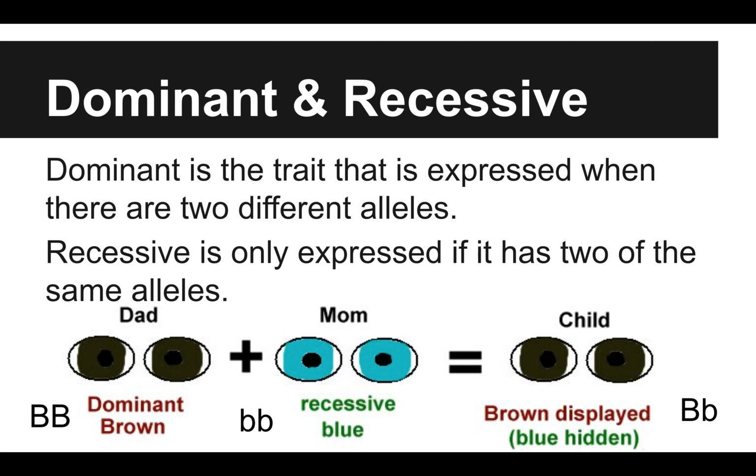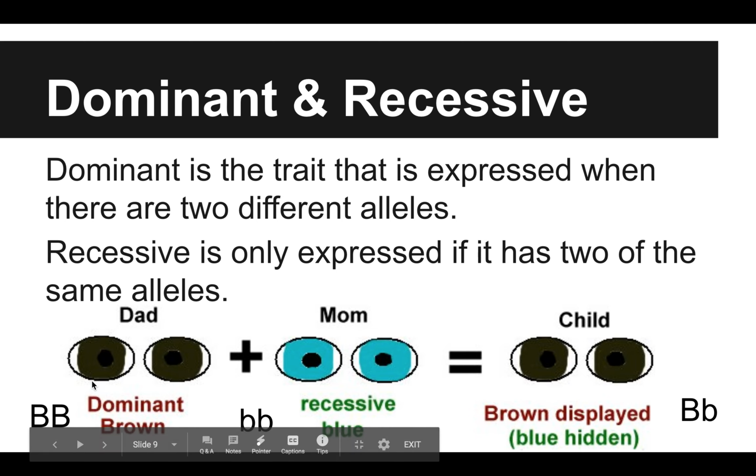We always have dominant be an uppercase letter. I would write that down somewhere. So dominant traits always have uppercase letters. Recessive traits always have lowercase letters. That's why we have brown is dominant here, big B, big B. Recessive blue is little b, little b.